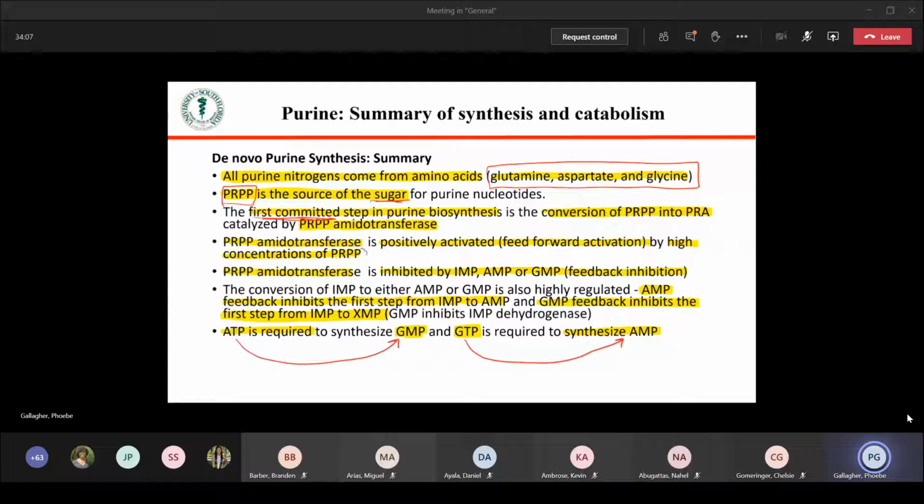Know that an excess of PRPP can activate or feed forward the reaction to make more product. And that IMP, AMP, and GMP can go back and inhibit PRPP aminotransferase to stop the pathway from going forward and making more products, if these build up essentially.